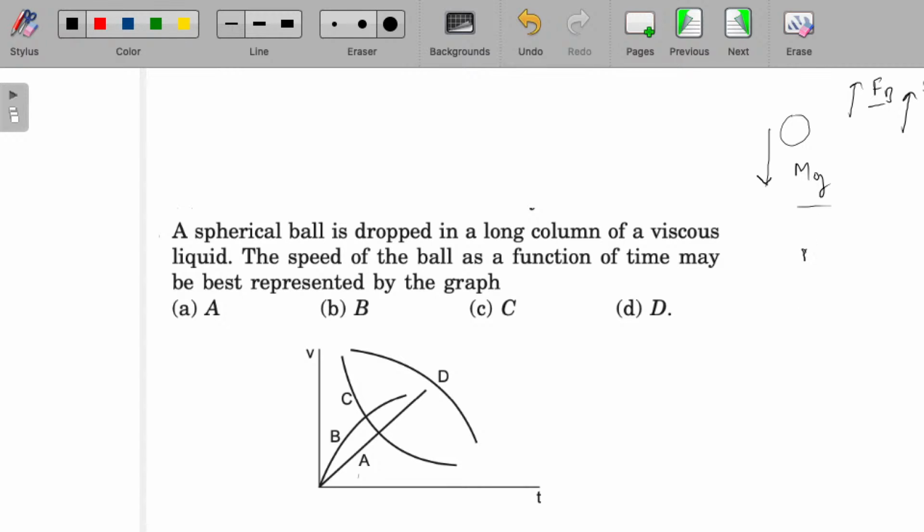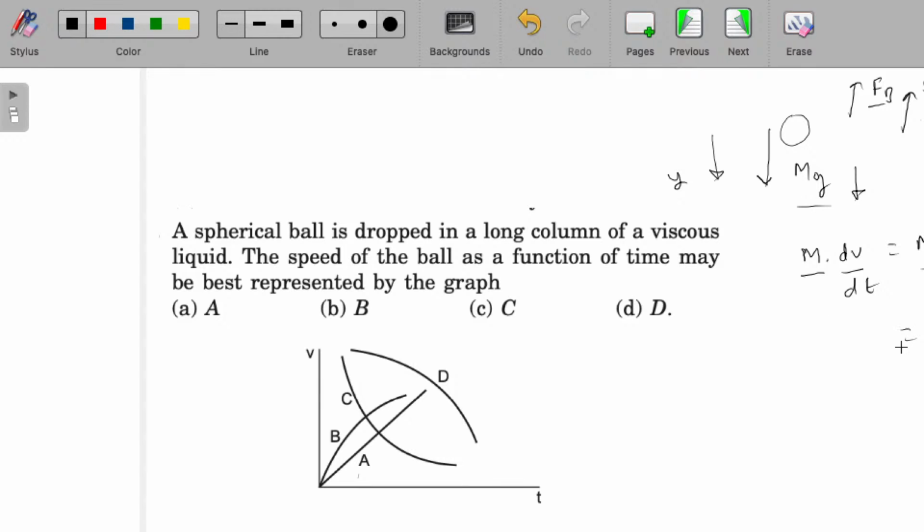So m into dv by dt, which is the acceleration of the object downward, is given by sigma F. If you take the downward direction as positive, mg is positive and both these are negative. So mg minus fb minus fd equals ma, and m into a is dv by dt.